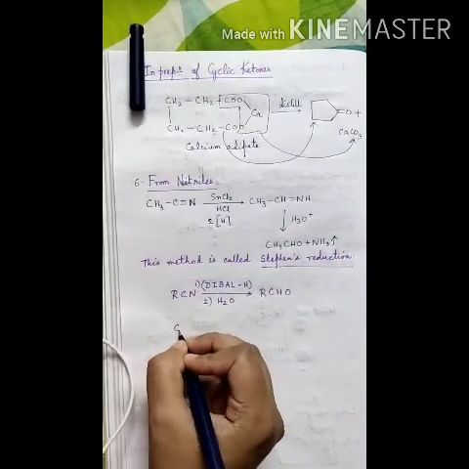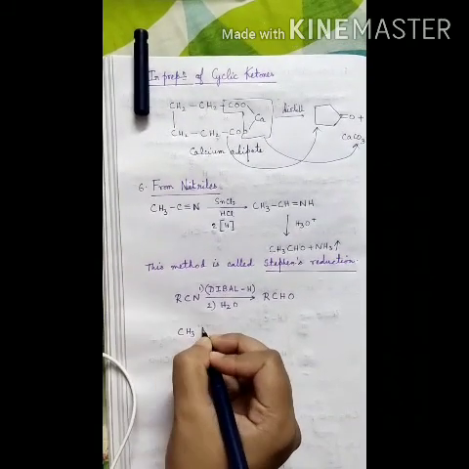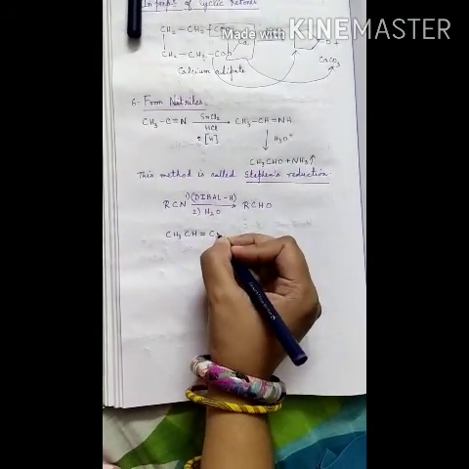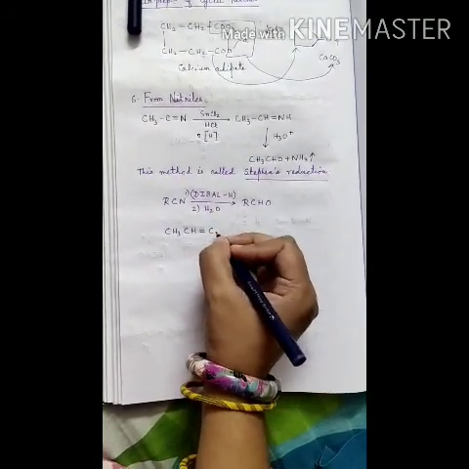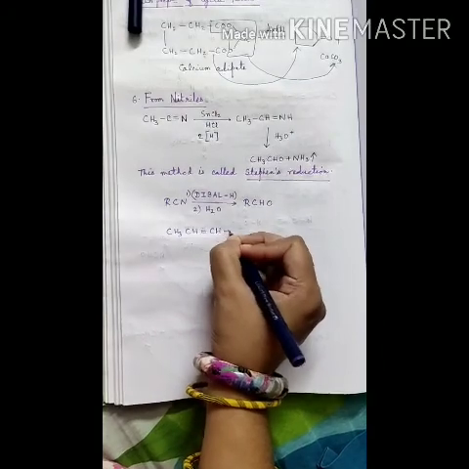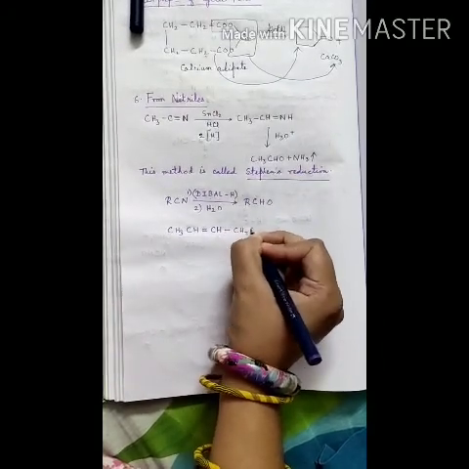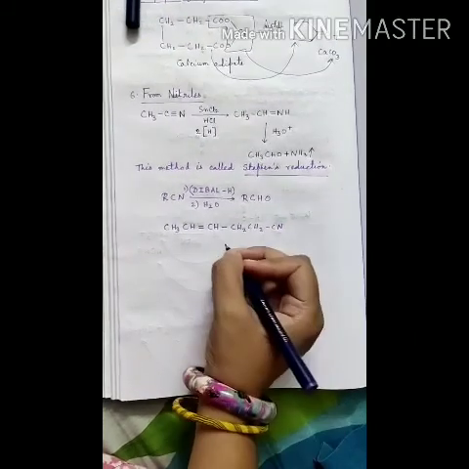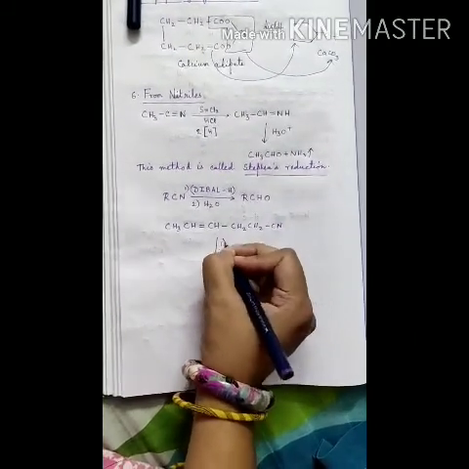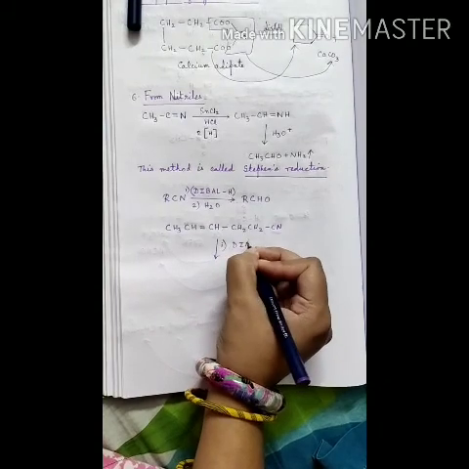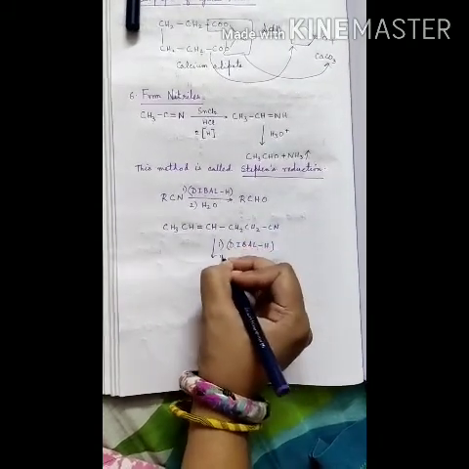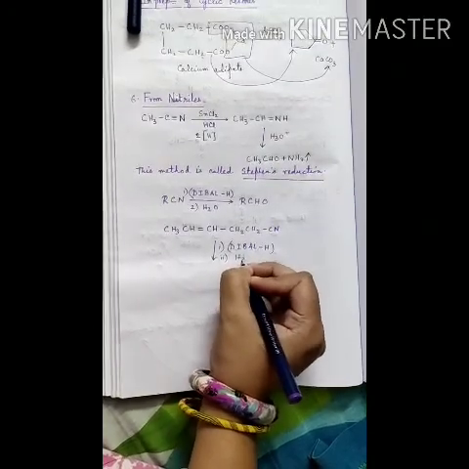Suppose we have taken a compound CH3CH=CHCH2CH2CN. Now we are reducing it with this DIBAL-H, and then number 2 we are hydrolyzing it.